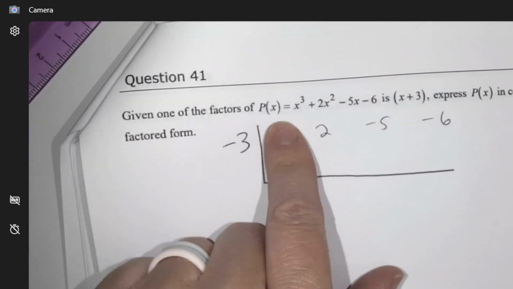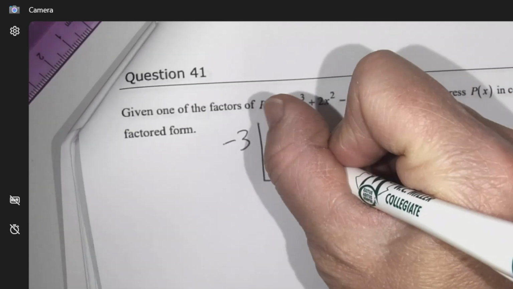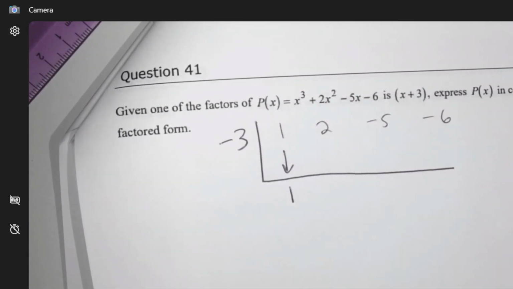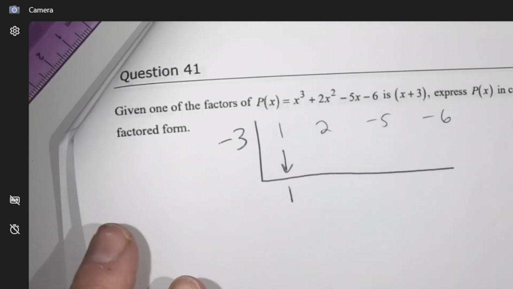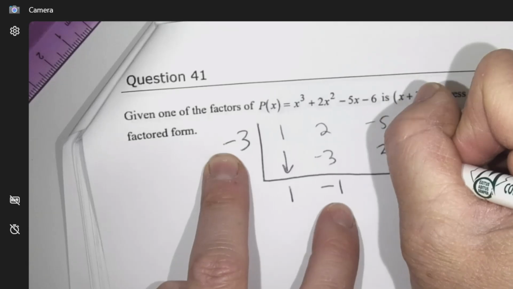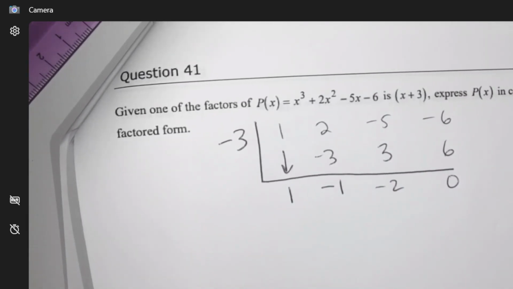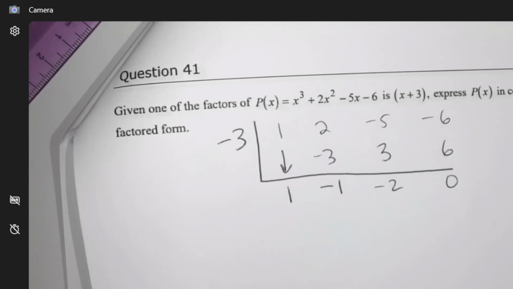There are no gaps. Okay, you guys know how to synthetic divide, so go ahead, bring down, times, add. You should get a 0 because it told me so.